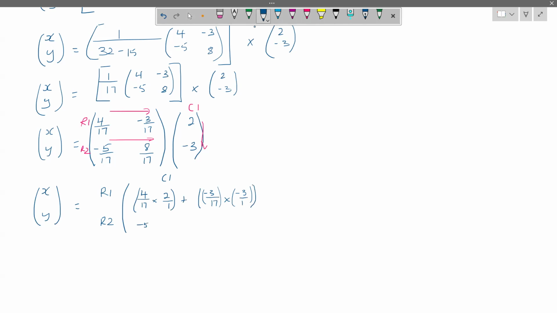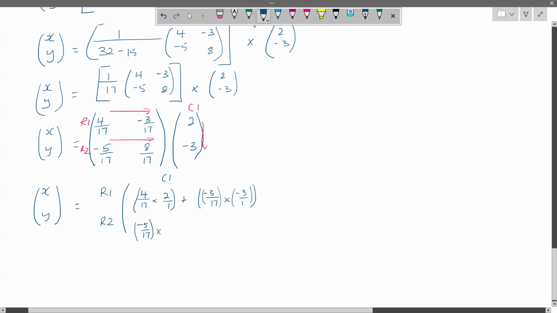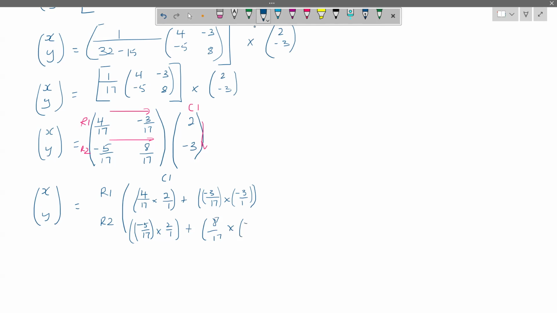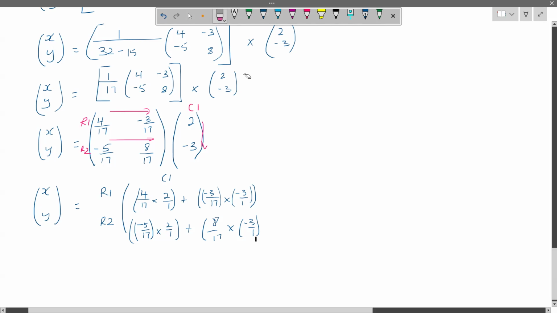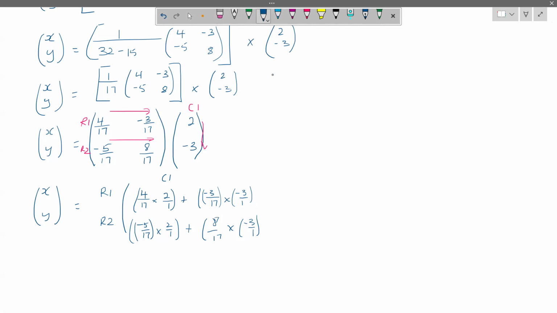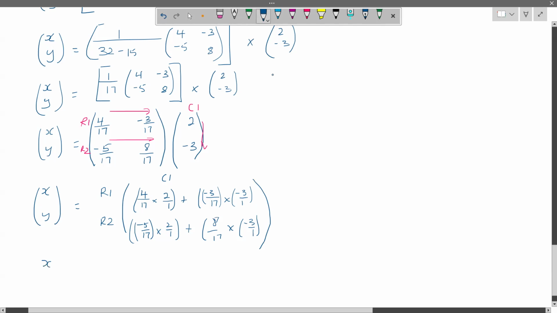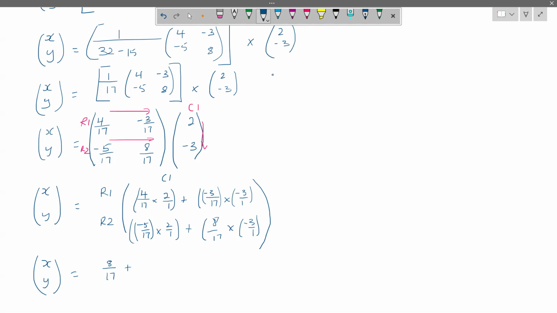Underneath I have negative 5 over 17 multiplied by 2 over 1. And then on this side I have 8 over 17 multiplied by negative 3 over 1. Now actually that's our answer. So 4 2's is going to give me 8 over 17 plus negative by negative is a positive. 3 by 3 will give me 9. 9 over 17.